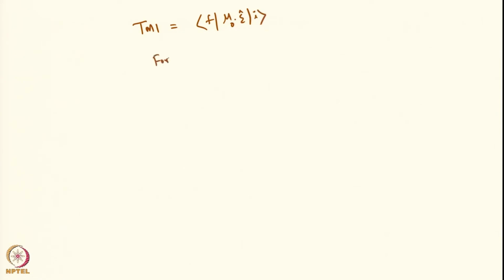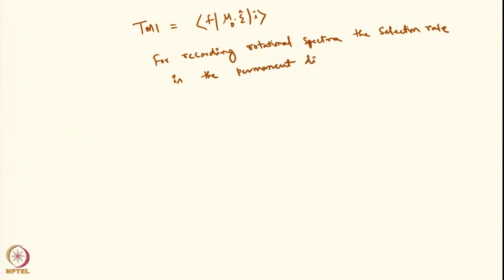So for recording rotational spectra, the selection rule is that the permanent dipole moment must not be 0.